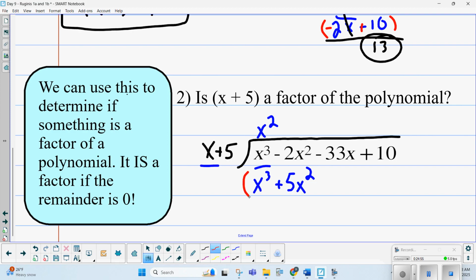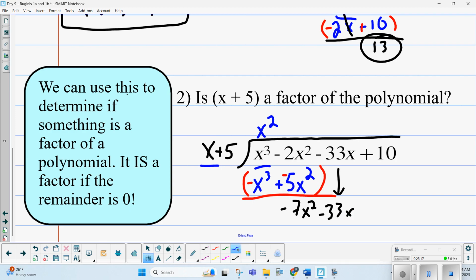So I was going to do it silently, but I lied. Distribute that negative, and then combine. So those cancel, that'll become negative 7x squared, bring down the negative 33x.